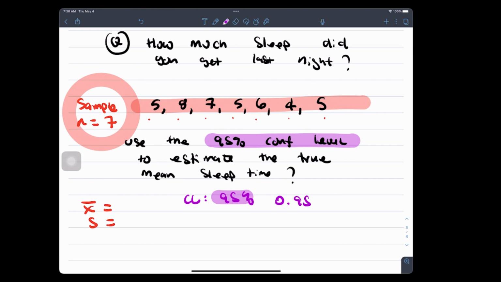Do you guys remember how to get the mean and standard deviation? Did you guys have a test on that? Yes. Is that going to be on your final? Yes.